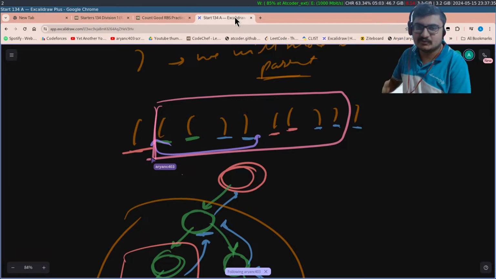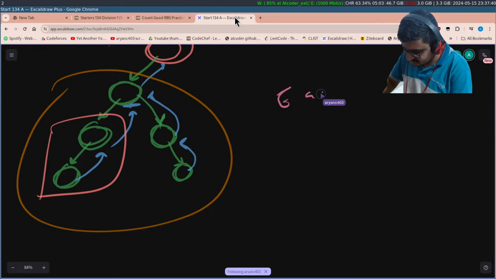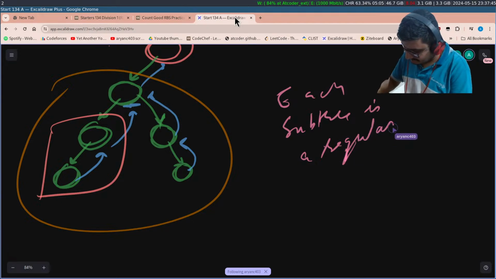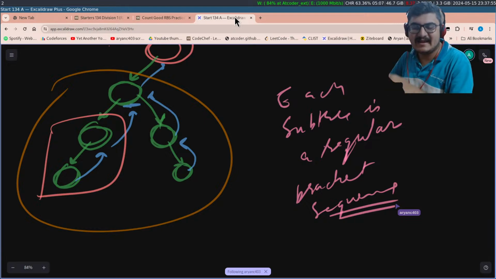If you look at it more, you will see that each subtree is a regular bracket sequence, because you move down only when you encounter an opening bracket, and you move up only when you encounter a closing bracket.